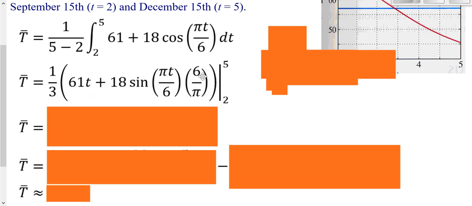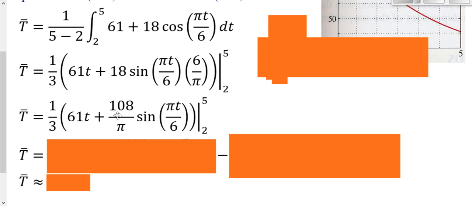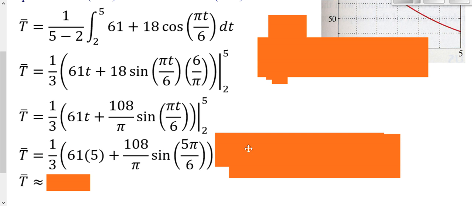So we could go ahead and put our pi over 6 in front here if we wanted. Now, all we have to do is take 5, plug it in for our t here and here, minus what we get when we take and plug in 2 here and here.